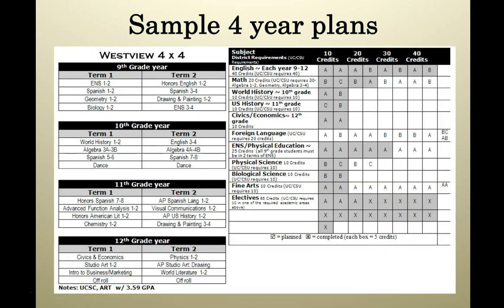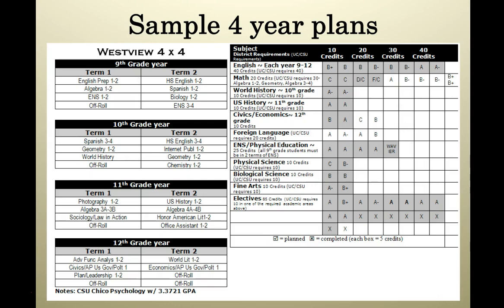Here's another example. In this situation, the student attended UC Santa Cruz, majored in art, and had a 3.59 GPA. This student attended California State University, Chico, majored in psychology, and had a 3.372 GPA.